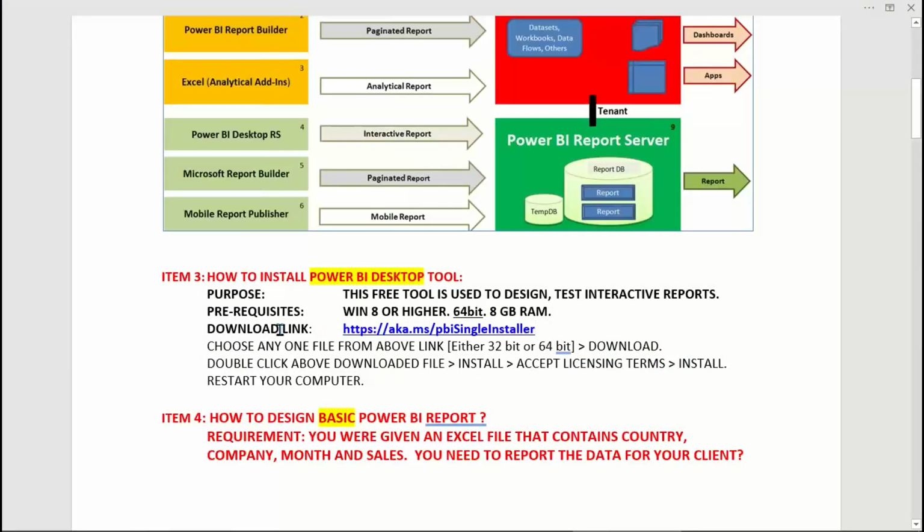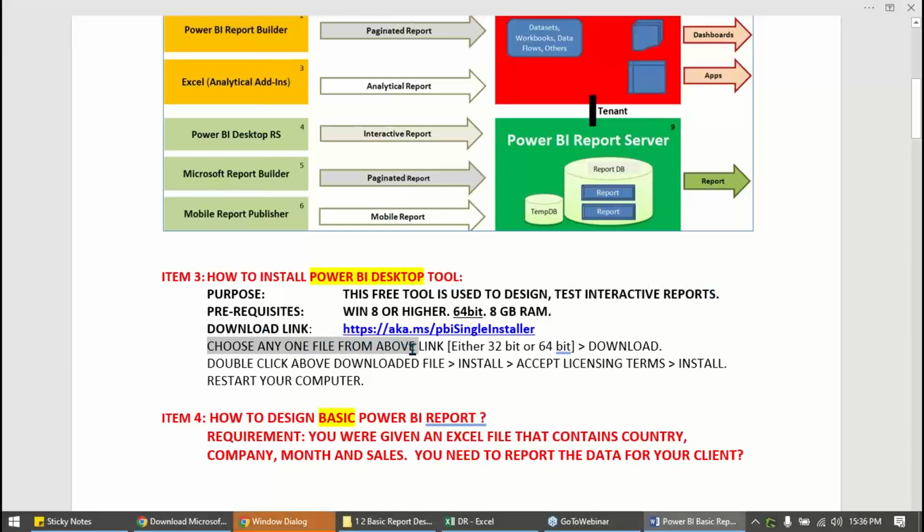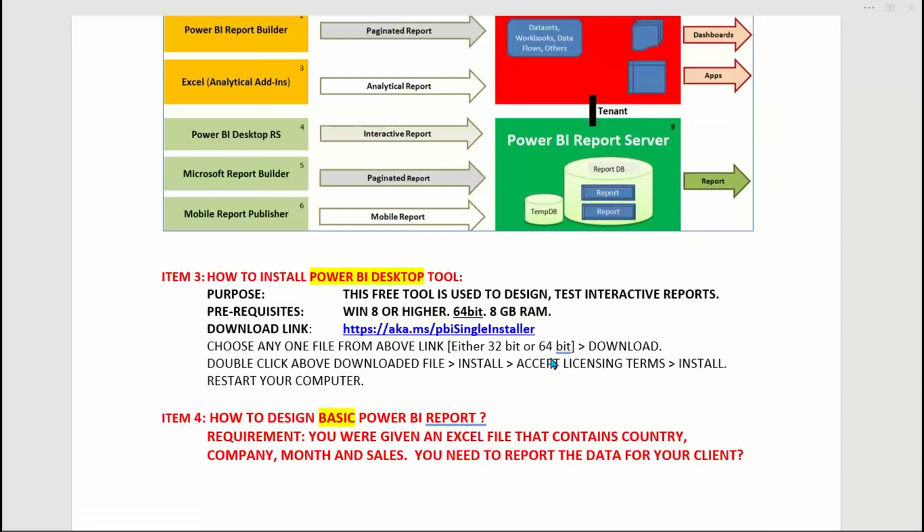What we are doing now? Go to this download link, choose any file from above link. Let's wait for some time. We should be able to see one installation prompt. Double click the downloaded file, install. During this process, it will ask us to accept the licensing terms.